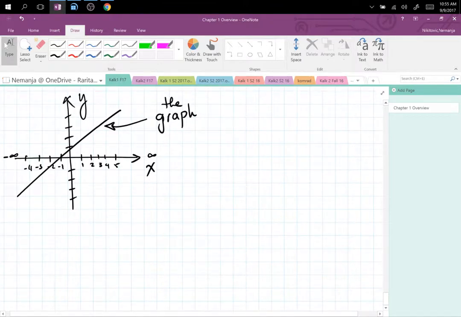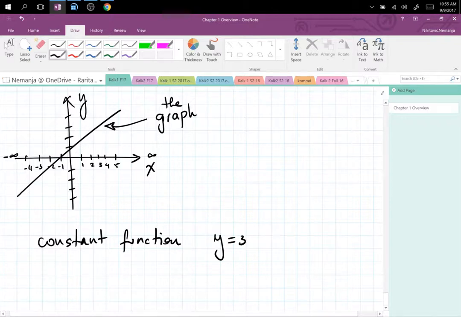What do you need to know? You need to know the constant function. A constant function like y equals 3 is just a line through 3.